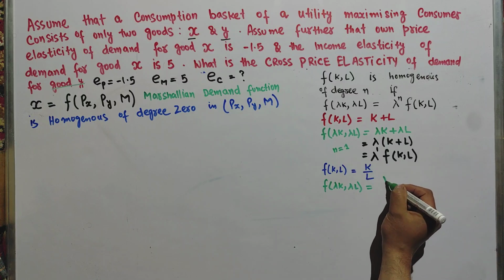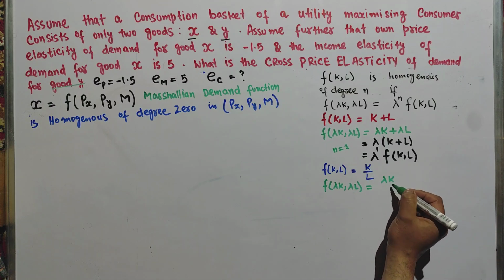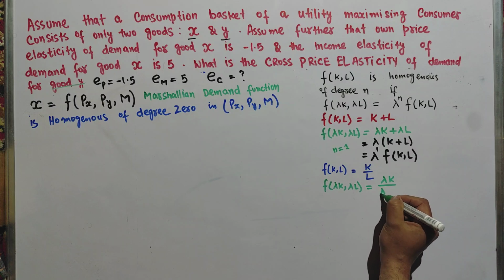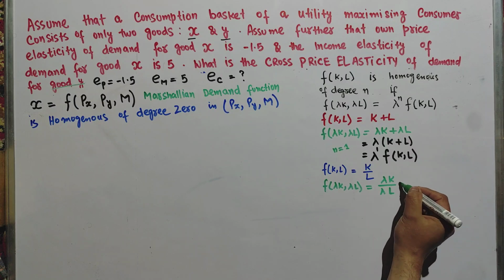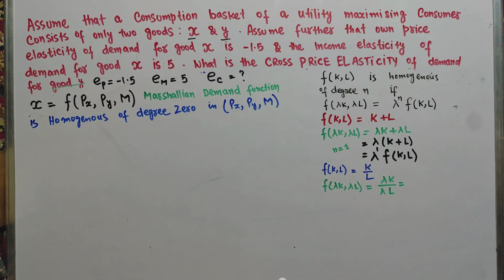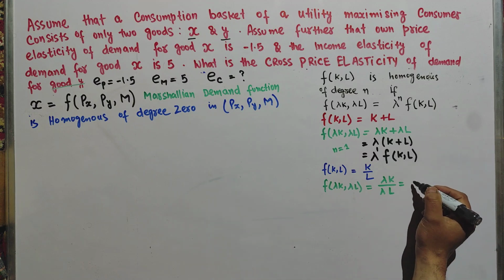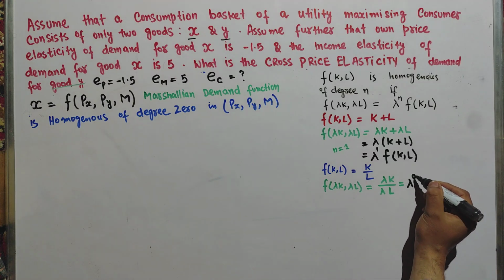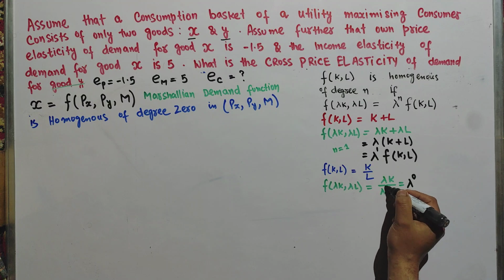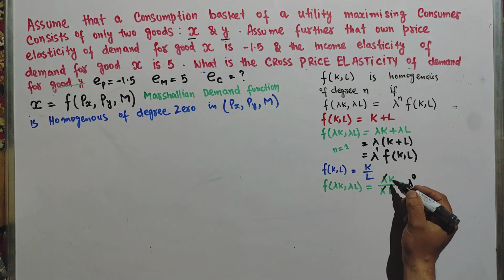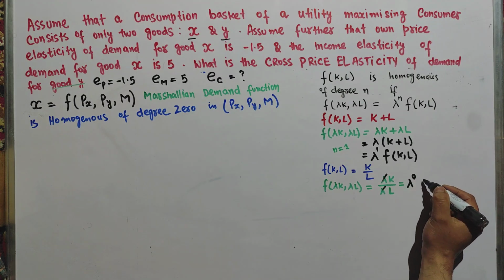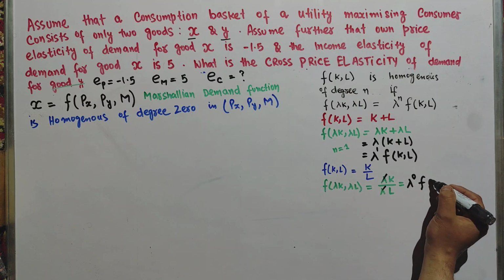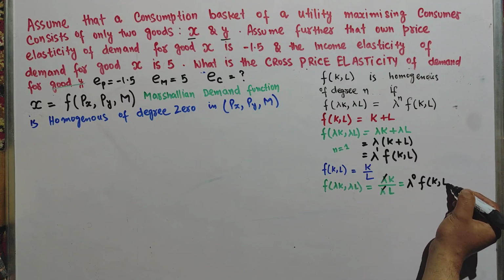K is increased by lambda, and L is also increased by lambda. So what will we get? Lambda will get cancelled, and can I rewrite it in this fashion? Lambda raised to power 0, because lambda raised to power 0 is equal to 1 here. Lambda gets cancelled. We are left with K upon L, that is f of K upon L, our original function.